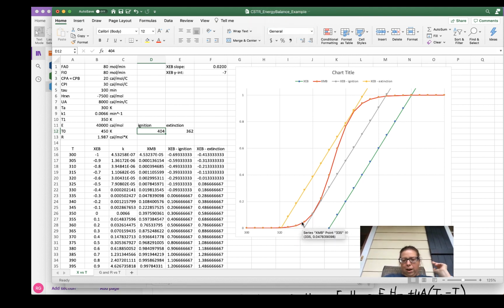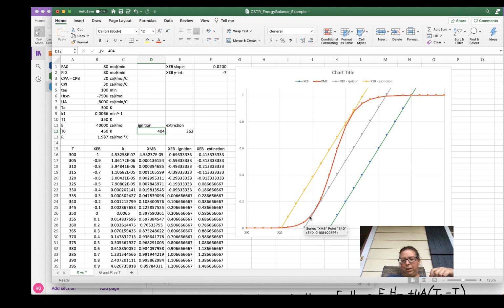So what I'm doing here, basically, I want to create another line, and I'm looking for the line that's tangent to this part of the mole balance curve, because I know that once I turn the feed temperature up hot enough, so if I'm down here, I turn it up, I turn it up, I turn it up, I'm still operating at low steady states, so low conversions.